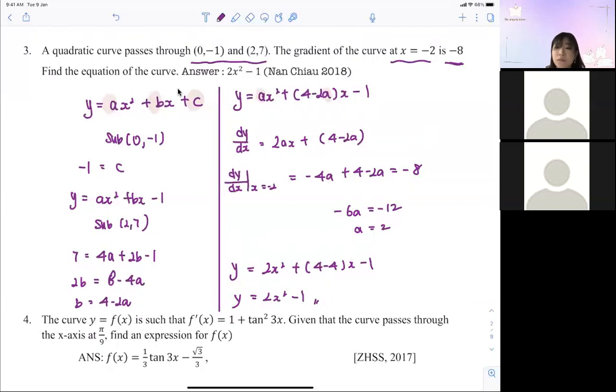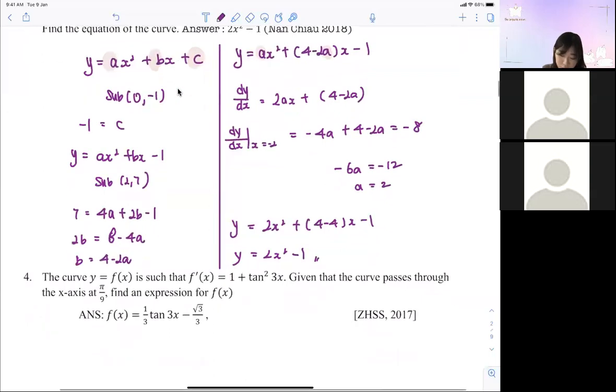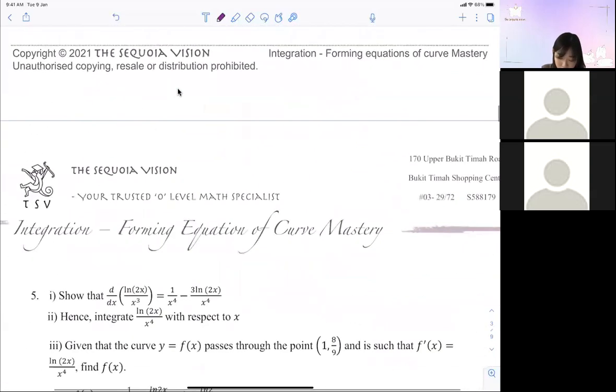Mm-hmm. Dylan, okay? Joshua, do you have the paper with you, or are you relying on my screen for the question? I'm using phone. Oh, okay, good. Now both of you, can you try?